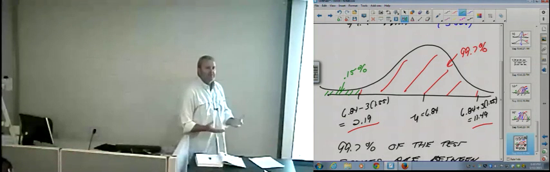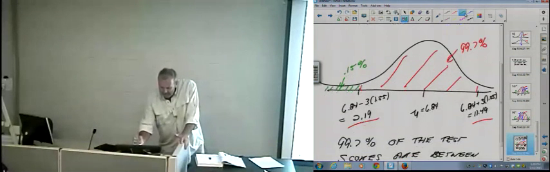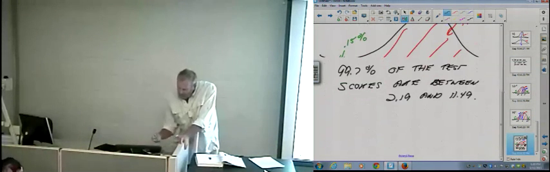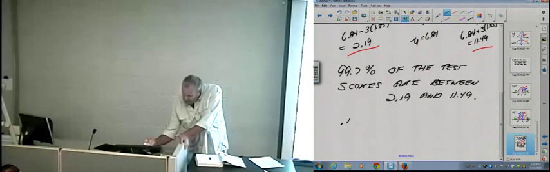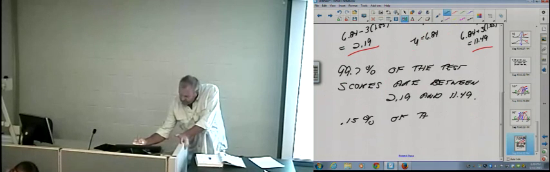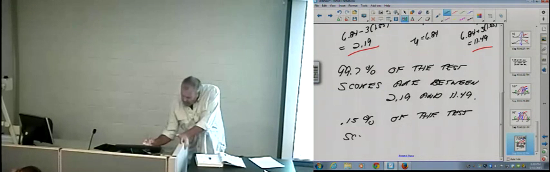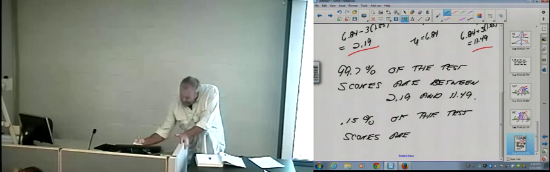Can I make a statement here? Well, yeah. I can also read off of here that 0.15% of the test scores are less than 2.19.